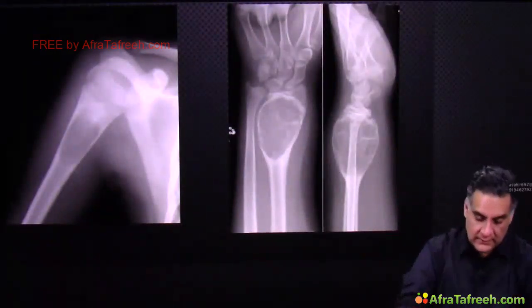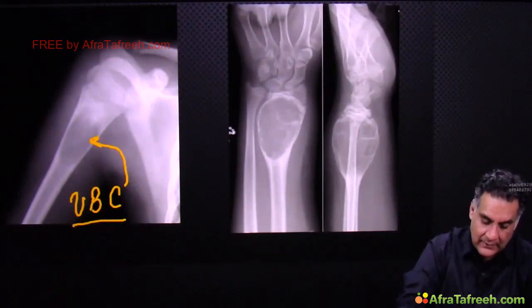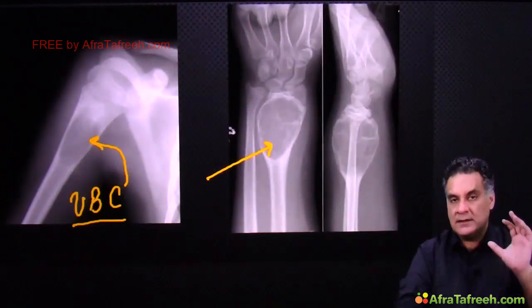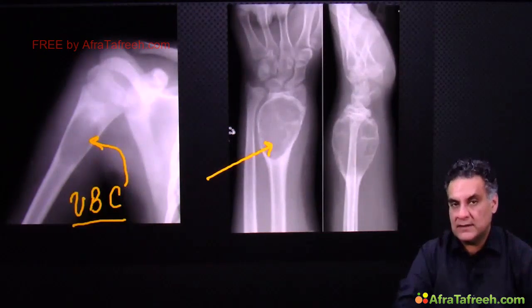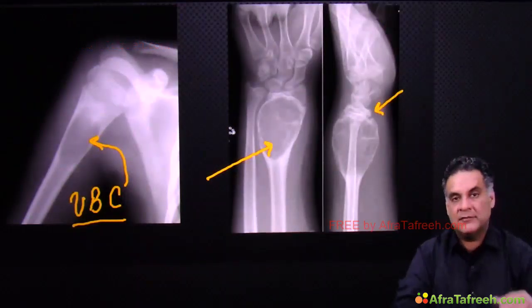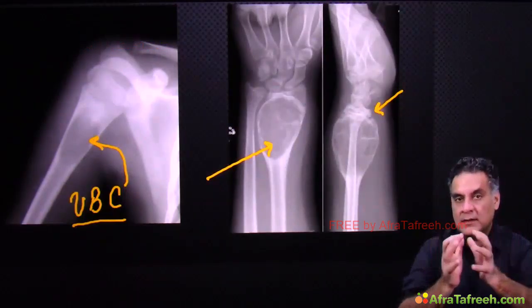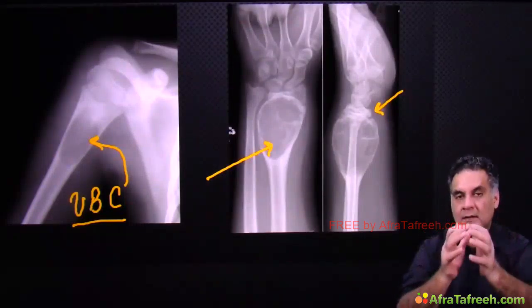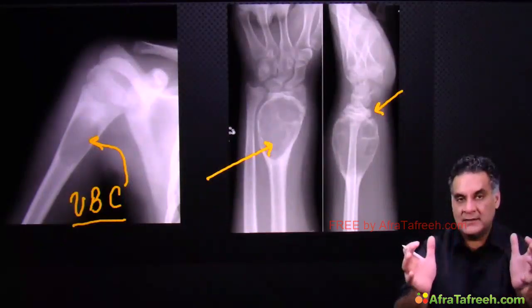Unicameral bone cyst will be more contained inside, whereas ABC, although it will be in the metaphysis before skeletal maturity, means the growth plate is still open, means the physis can still be there, but it will balloon out like an aneurysm balloons the blood vessel. Aneurysmal bone cyst balloons the bone, expansion.